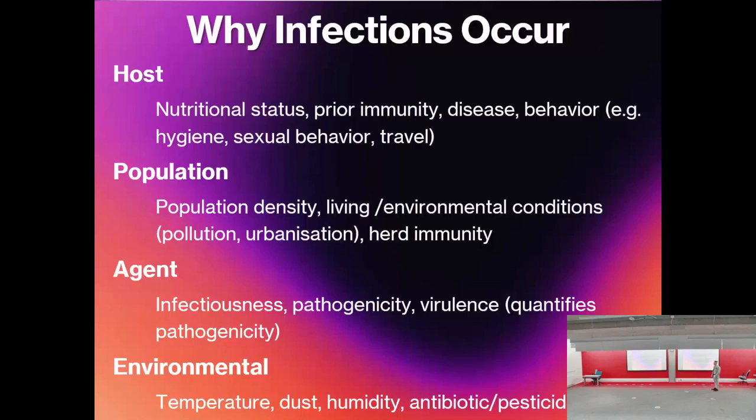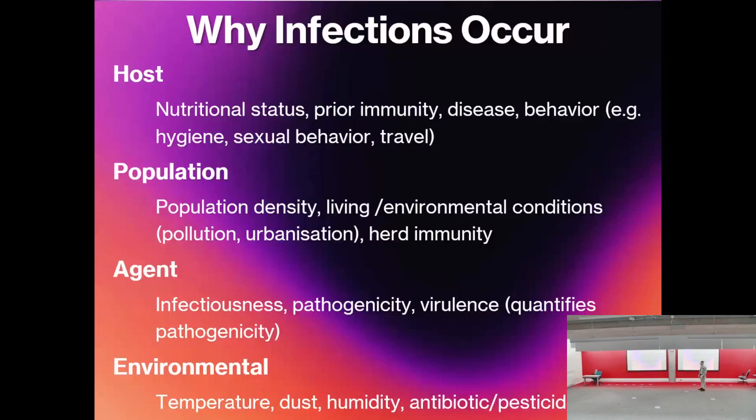You've got other things. So you've got the host itself. So again, if you're a smoker, right, you're more at risk. If you've previously had an infection, so if you've had a disease before, or an infection before from one of these things, like chickenpox is a classic example, then you don't necessarily get it the next time round.